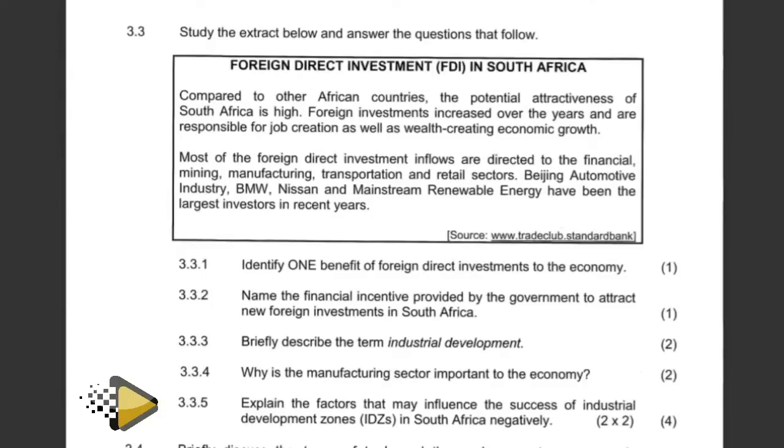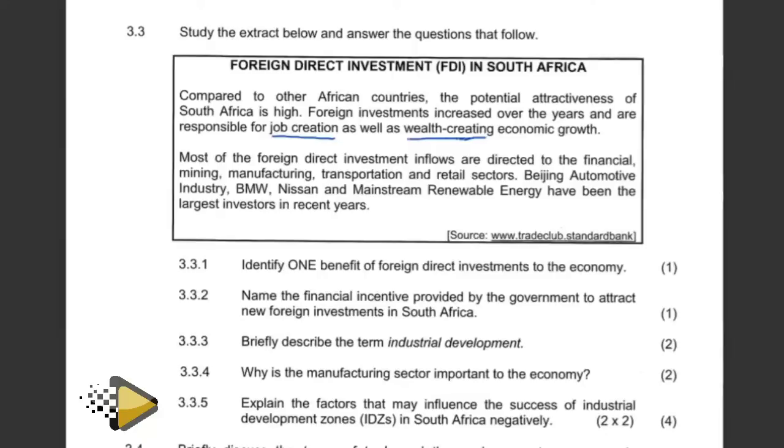Foreign direct investment in South Africa, compared to other African countries, the potential attractiveness of South Africa is high. Foreign investments increased over the years and are responsible for job creation, wealth creation, and economic growth.